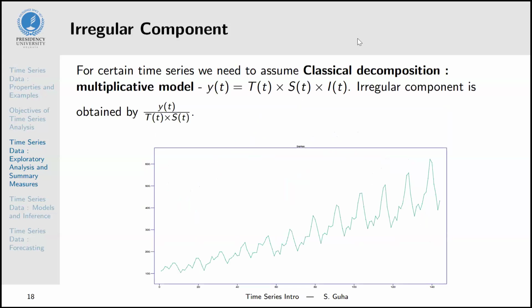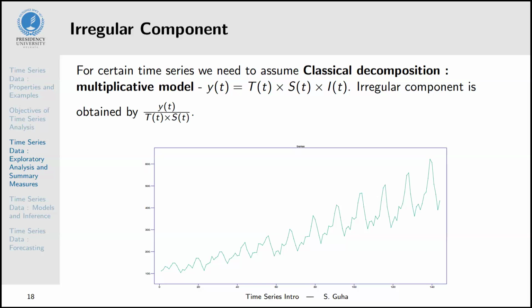Now, as I have told you, there is no guarantee that the additive model assumption would be valid. For example, the initial air passenger data that I have shown you doesn't satisfy the additive model assumption. In that case, we may have to work with a multiplicative model. It is again a very popular model, called the classical decomposition with a multiplicative model. We assume that the trend part, seasonality part, and the irregular component part form the data Y_t not by adding them, but by multiplying them together.